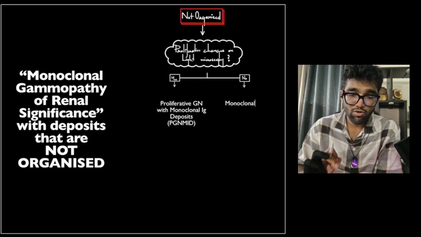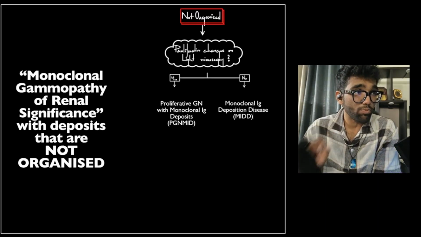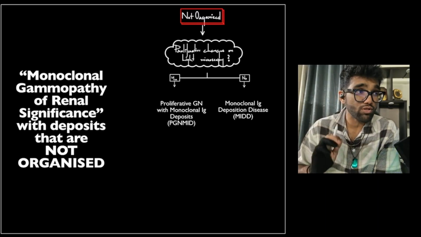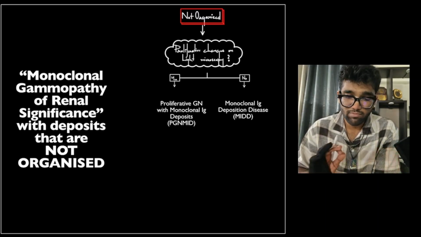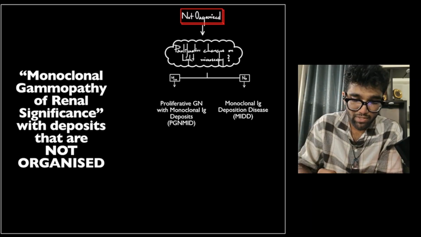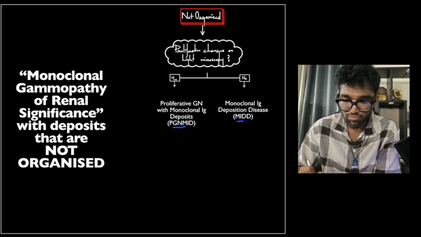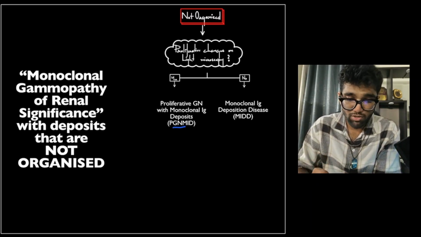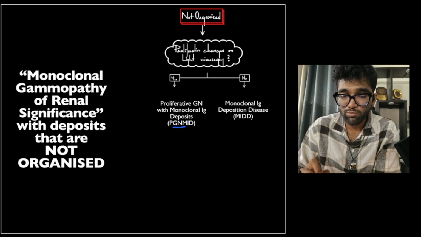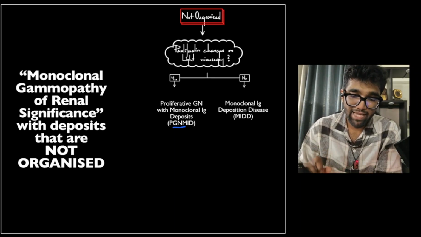Now, if there are no proliferative changes, then we call that monoclonal immunoglobulin deposition disease. That's it. These acronyms are standardized, so one must know them: PGNMID and MIDD.